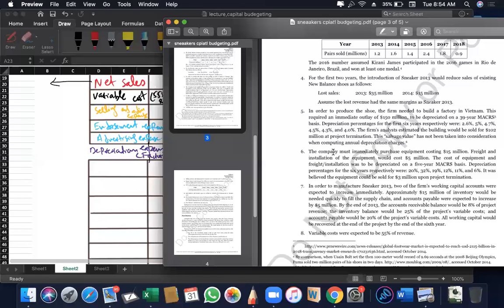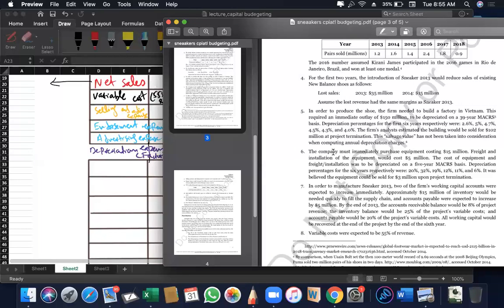Now the equipment actually costs 15 million, but the freight and installation cost is 5 million. As you already know from the course of cost accounting, freight, transportation costs, installation costs, and material handling costs are added in the project cost. They are added in the product cost.